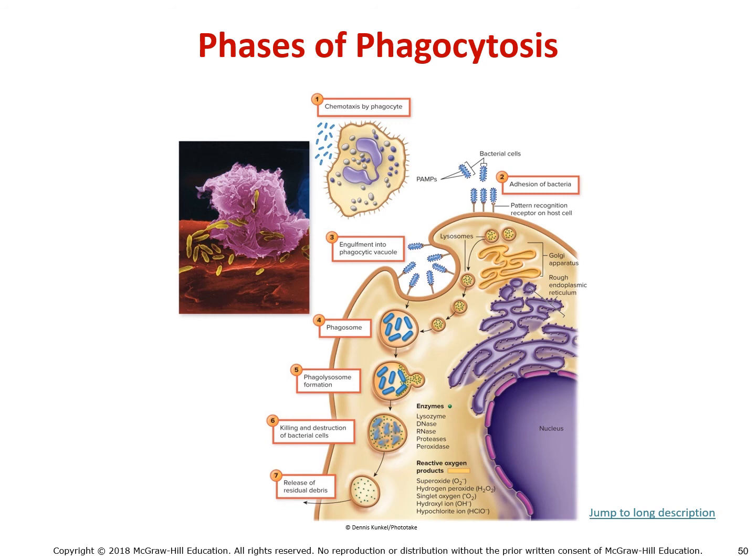These are features we recognize as being part of a foreign entity like bacteria. A good example of a PAMP would include something like peptidoglycan. We never produce peptidoglycan, so whenever we see it, we know that belongs to bacteria. And so again, we will have receptors that will look for things like that. That allows for the binding to and attachment of the white blood cell, the macrophage here, to the pathogen.